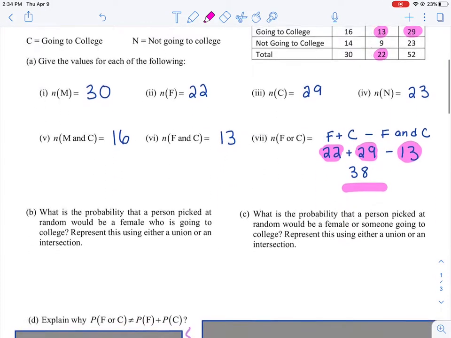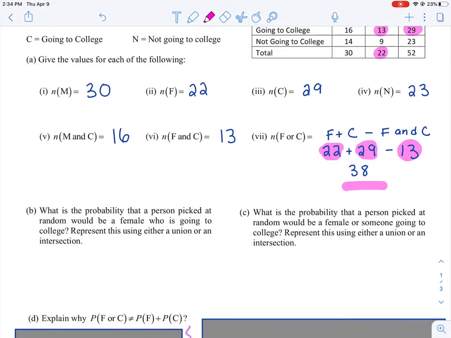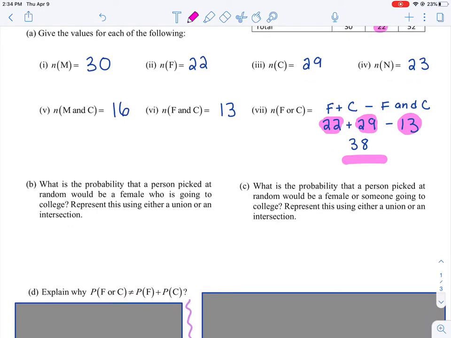So let's look at B and C. For B, it's asking what the probability is that a person picked at random would be a female who is going to college. So this is really asking for female and college. So probability of female and college. And what I'm doing is a little different than the above ones, because the above was just asking for how many people. This is asking for the probability.